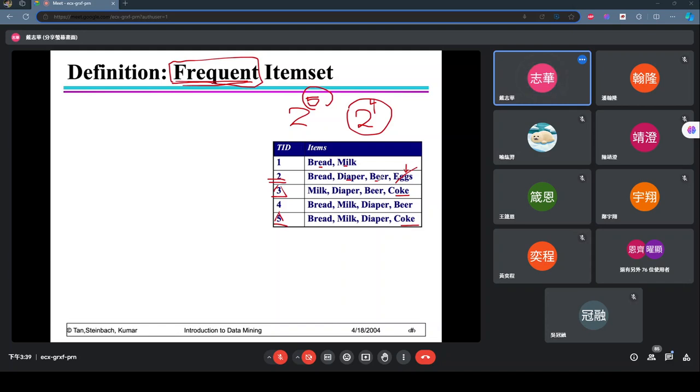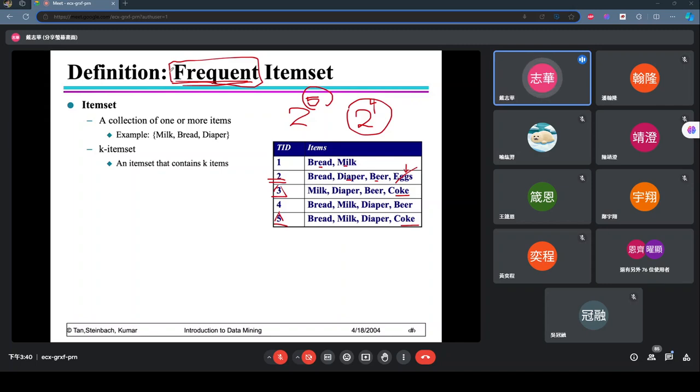And that's enough, because most customers, more than 50, are interested in bread, milk, diaper, and beer, right? So the first concept introduced here is the frequent item set.